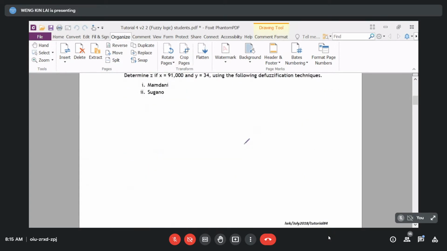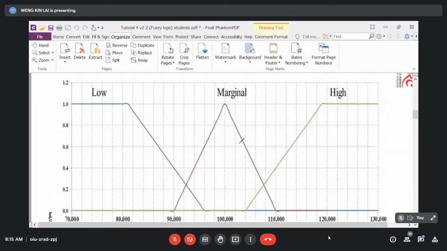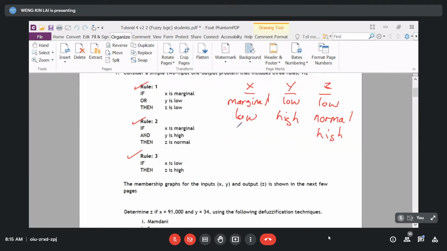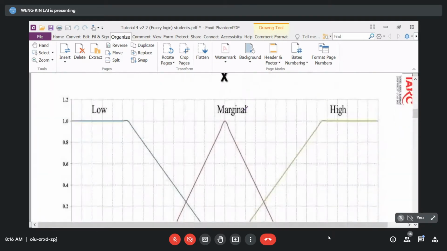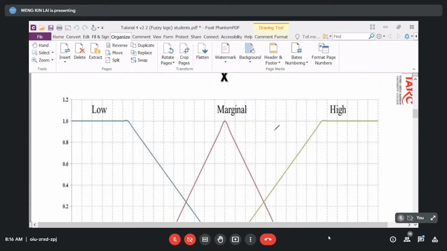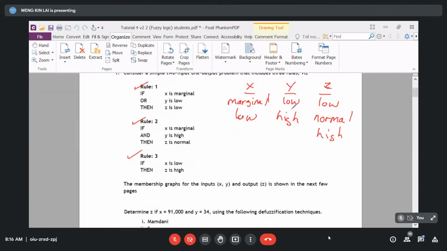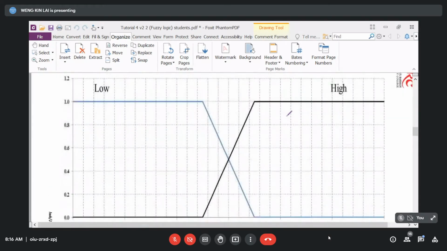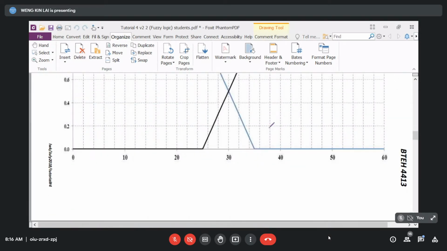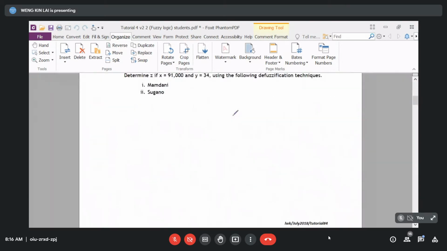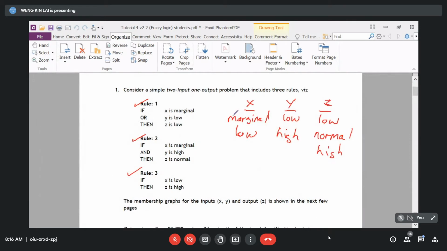But you are actually given 3 memberships for input X, low, marginal and high, but the rules only use two of them. The third membership, high, is not used, but anyway you are given that membership. As for Y, we have low and high for these three rules. And Z has three classes, low, normal, and high. That is your background.